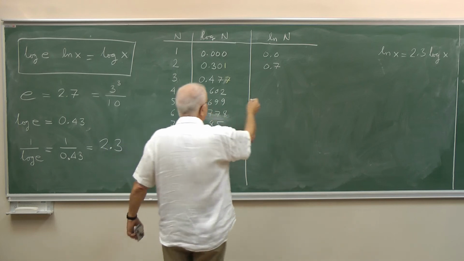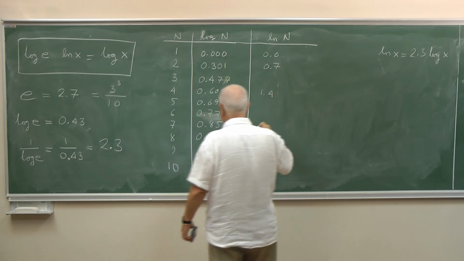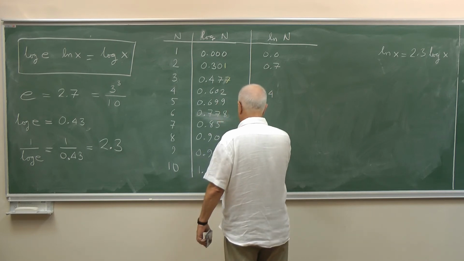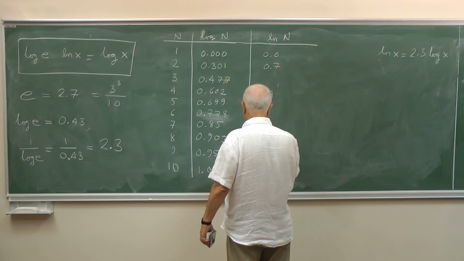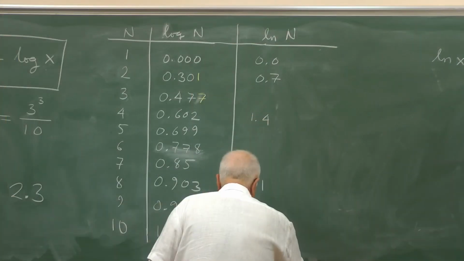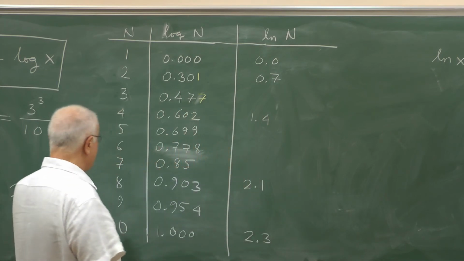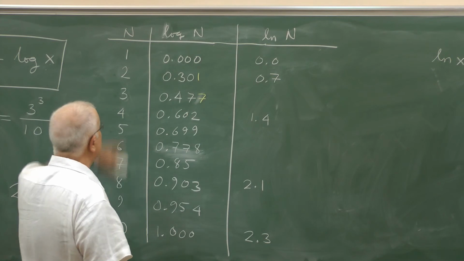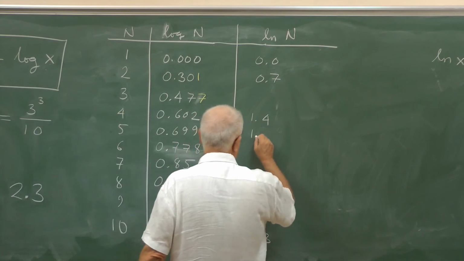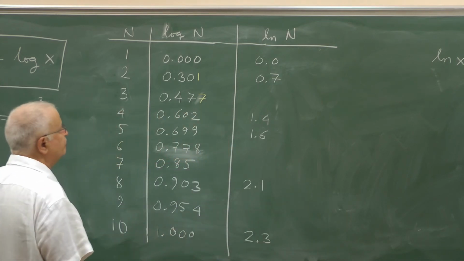Then 4 is 1.4, 6 is to be determined later, 8 is 2.1. 10 we know is 2.3. Now once I know 10 and I know 2, I can find 5, which is 1.6, because 5 is 10 divided by 2.